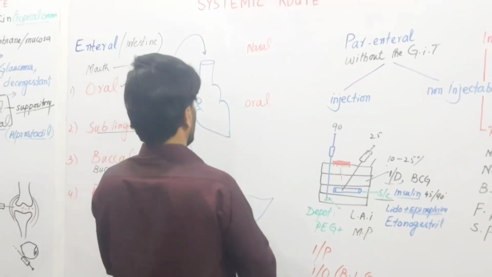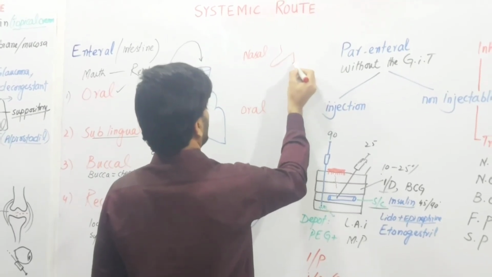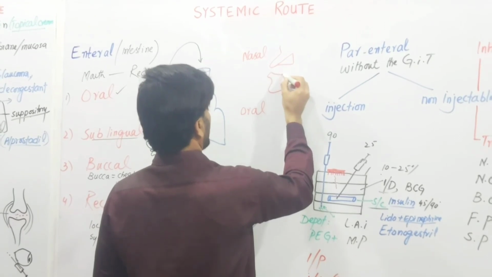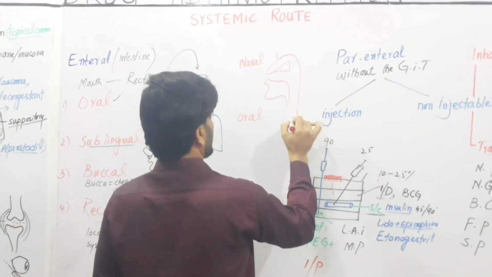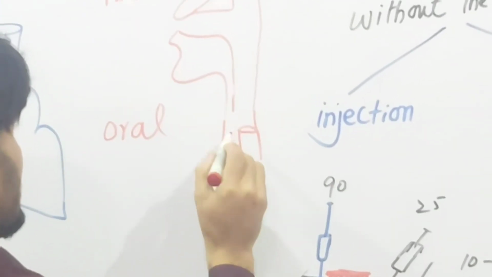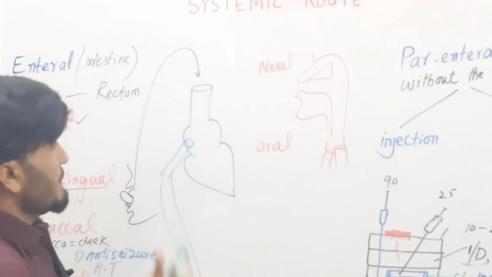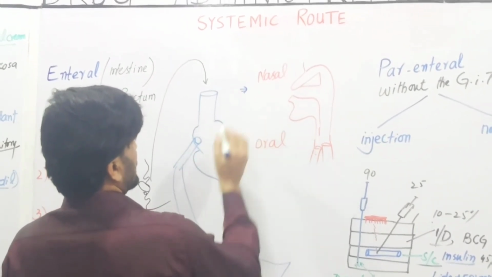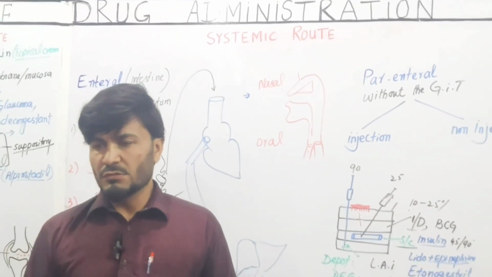This route delivers the drug directly to the respiratory mucosa, and is mainly effective for patients having respiratory complaints like chronic obstructive pulmonary disease and asthma.